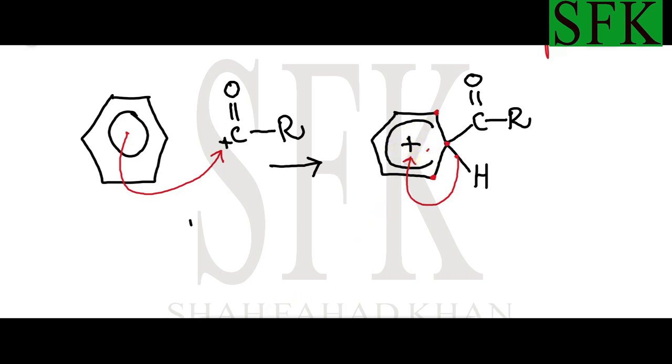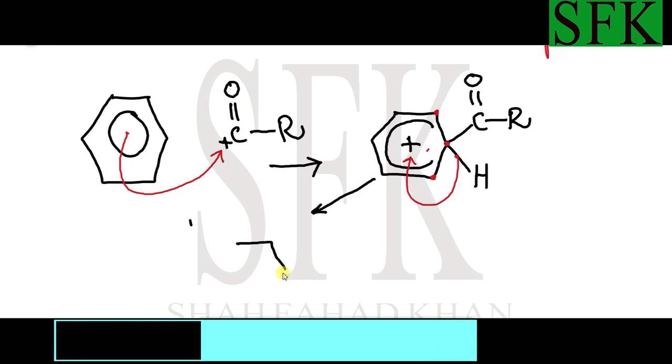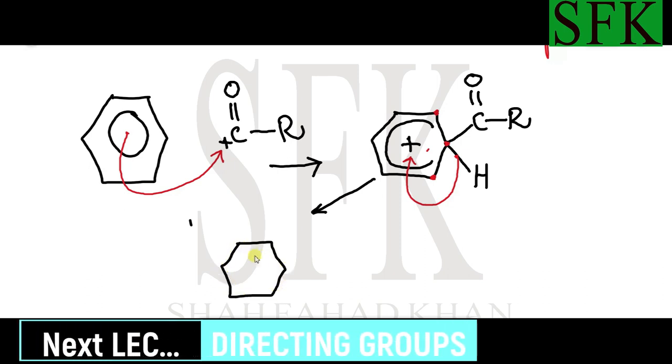After this, the delocalized pi electron ring is restored inside, this bond breaks, and this compound is obtained, plus the hydrogen positive ion.